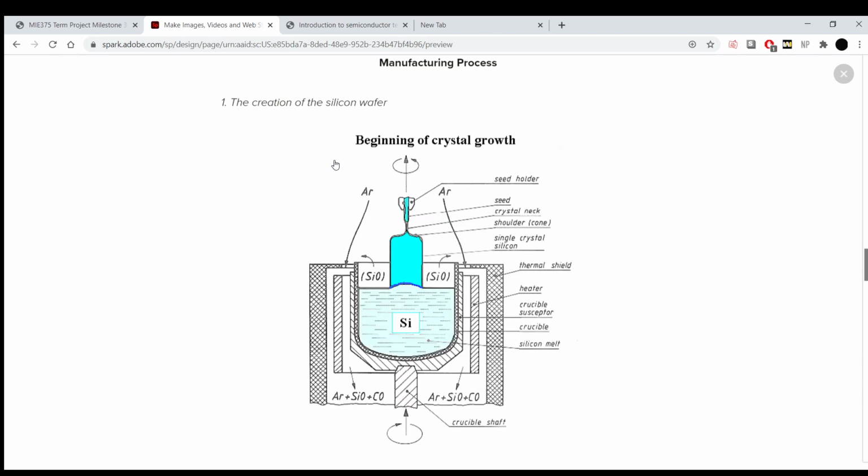I know we were supposed to include a list of machines that were used for producing this product, but I was able to find things about the manufacturing process, but the machines that actually do these processes were not very talked about in those sources. Yeah, that's all I have to say about that.